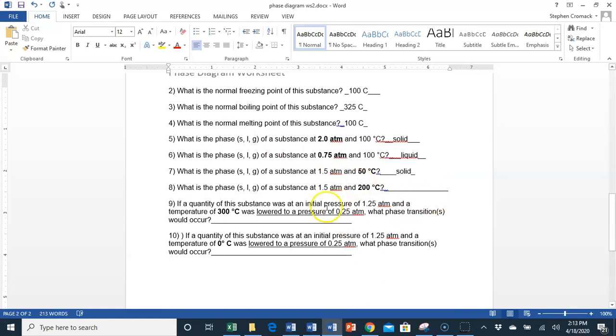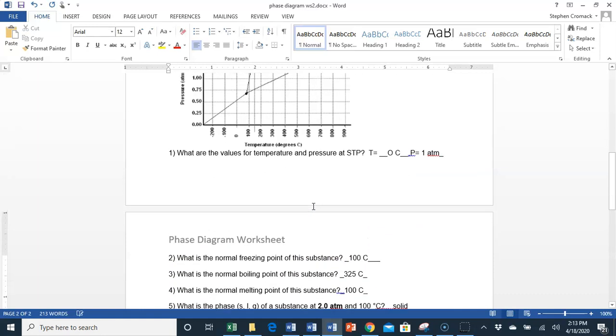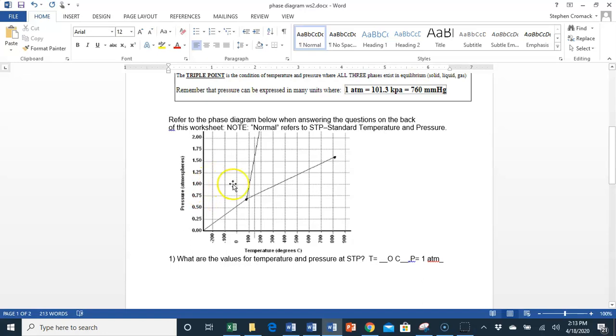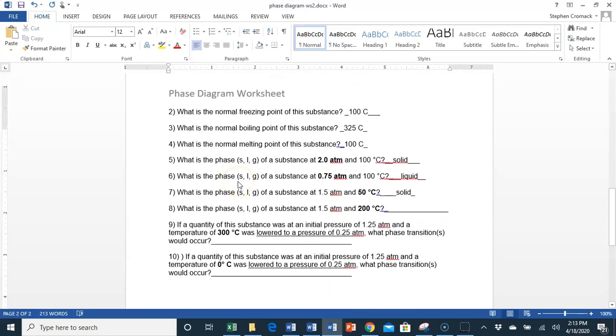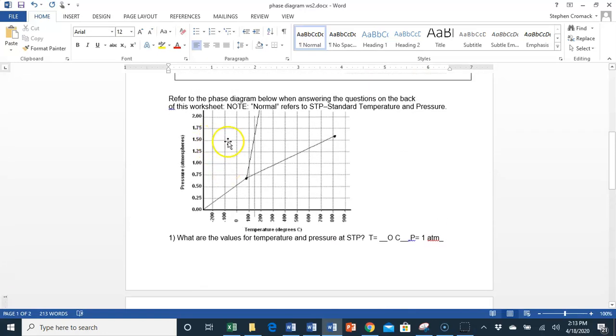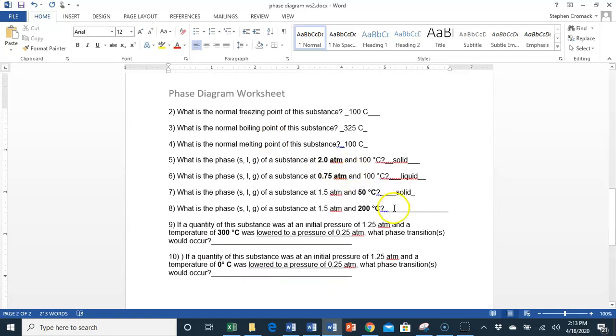And then we want to change it, so we are at 1.5 atmospheres, but now we're changing the temperature to 200 degrees Celsius. So 1.5 atmospheres, we're here, but we're going to go all the way over to 200 degrees Celsius. So that puts us in that V range, so we're going to be a liquid. So we're a liquid there.